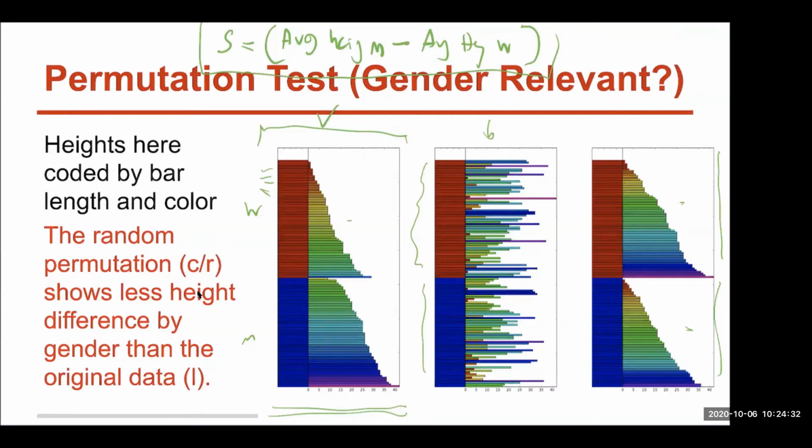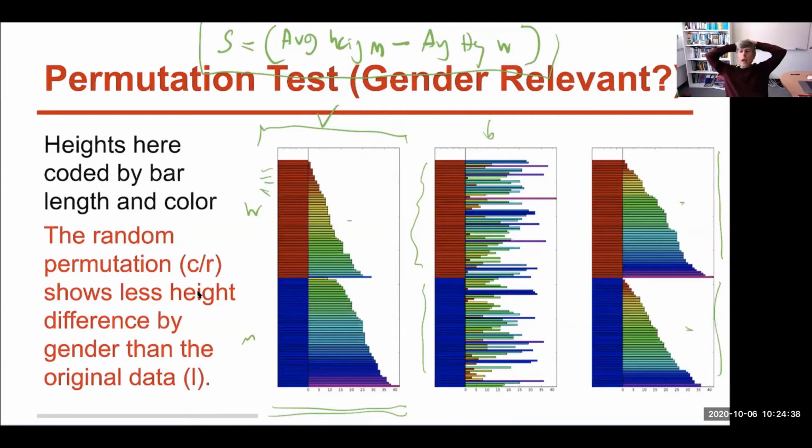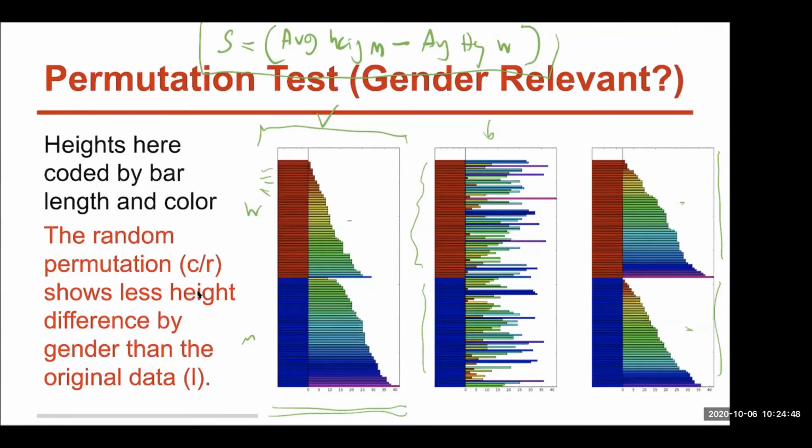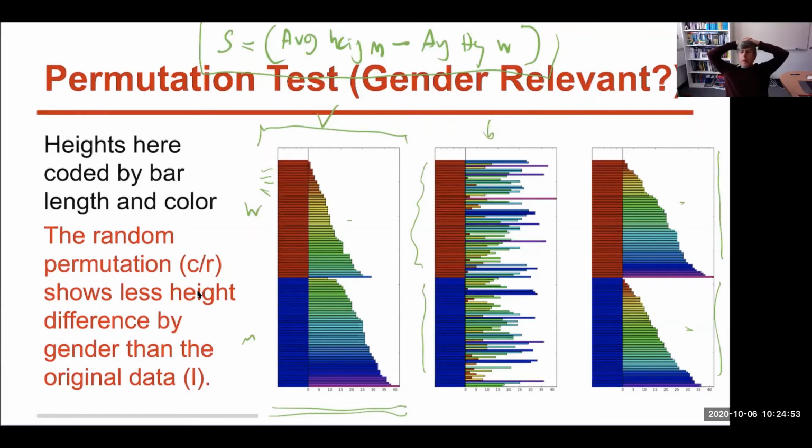So question, how do you do that without just randomly scrambling 1 billion times and then finding a statistic that's bigger than that? Well, 1 billion is a large number. If there is a strong enough effect, you should be able to see it with far fewer than 1 billion scrambles. Let's say you're trying to convince me that there is less than a 1 in 20 chance that this happened by chance.